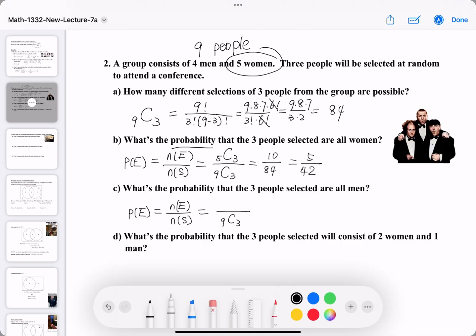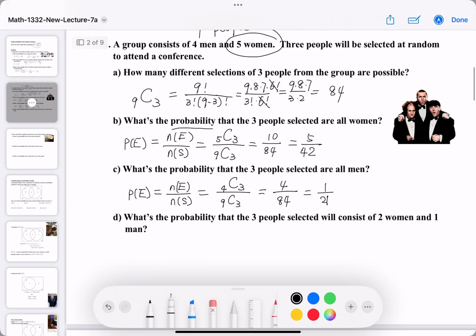On the top, we are selecting 3 people from men. So totally we have 4 men, and we are choosing 3 from them. Order doesn't matter. Then simplify: 4 divided by 84, and then dividing top and bottom by 4, we have 1 over 21.